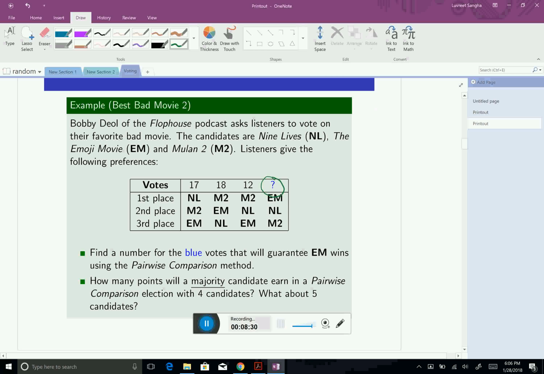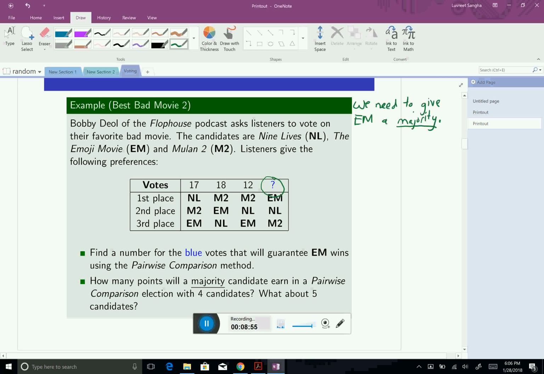So we need to give EM a majority. So why is that true?